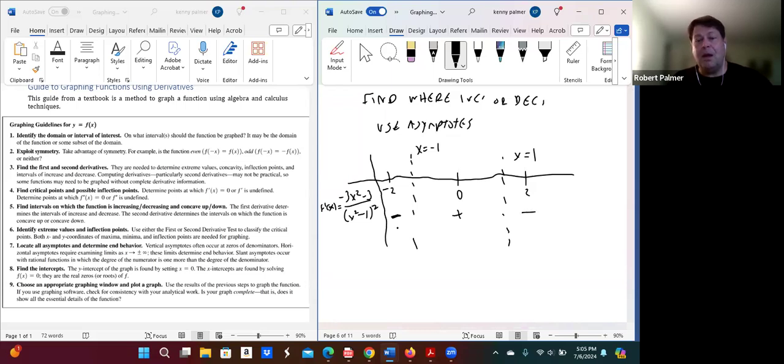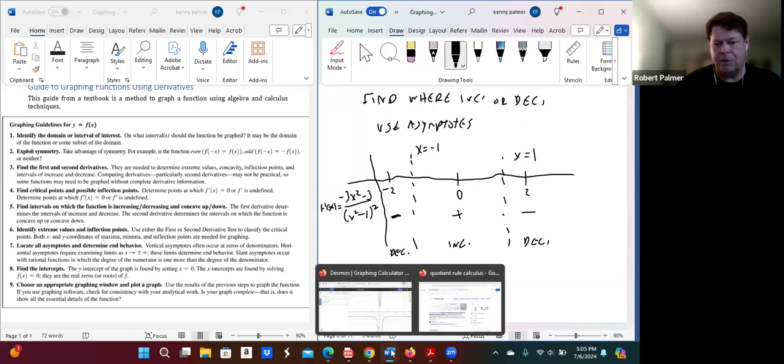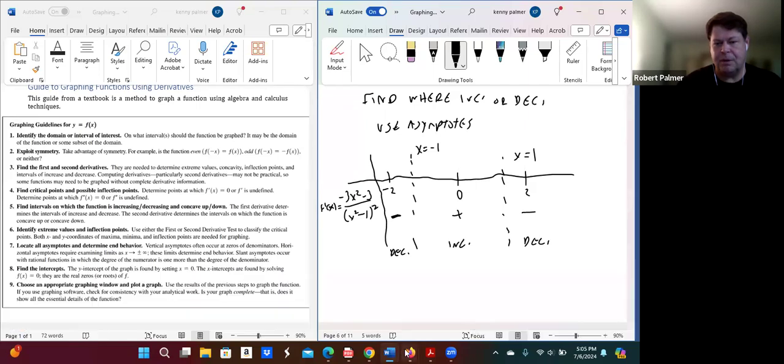And so that means here it's decreasing. It's increasing here, and it's decreasing. Okay, or actually, hang on a second. Did I type that in right?